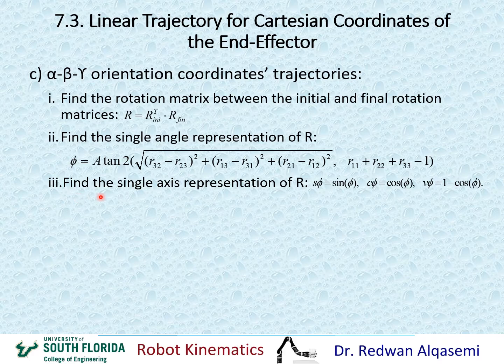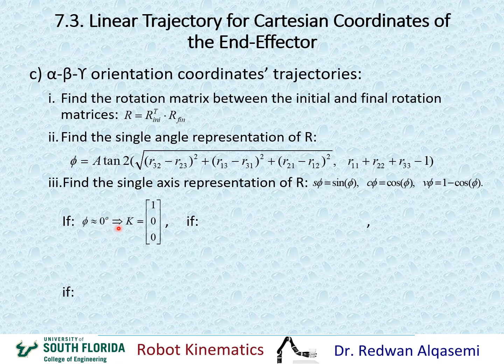Third step, we can find the single axis representation of R. Just for simplicity, I'm going to use S phi as sine phi, C phi as cosine phi, and V phi as 1 minus cosine phi. Now, here we have several different cases to find the single axis.